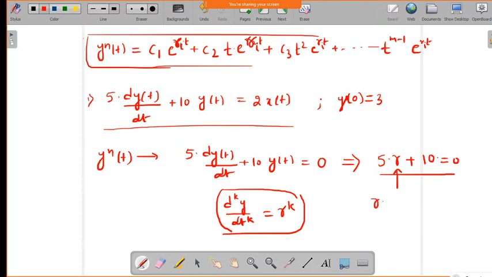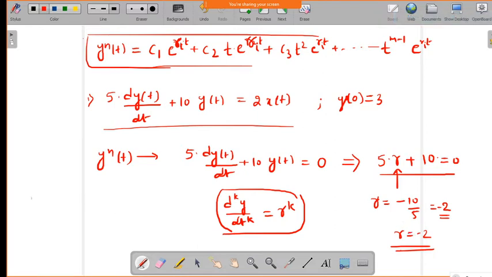So what is r? If you calculate, r equals minus 10 by 5, which is equal to minus 2. So now your root is equal to minus 2. Since the root is real, how can we find the solution?